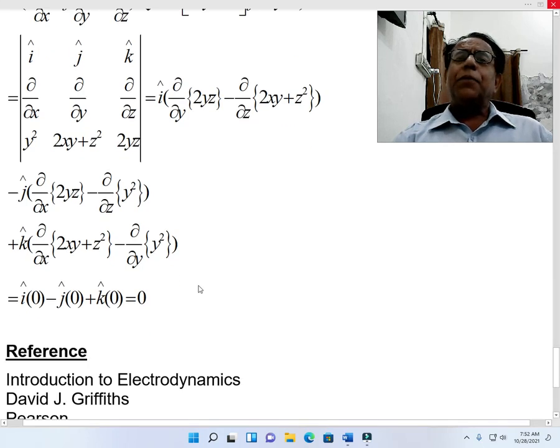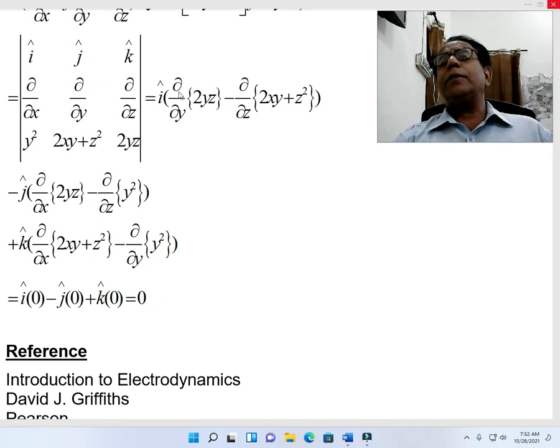After simplification, dear students, you know that the partial derivative of 2yz with respect to y will be 2z. Similarly, this term will become 2z. This again 2z and this 2z, these will cancel out and give 0 result.